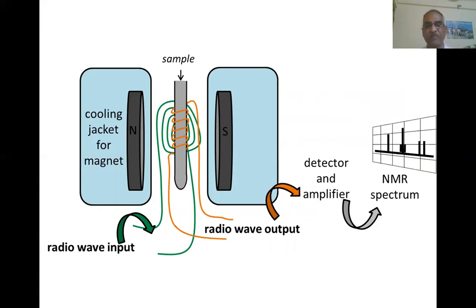You input some radio waves, and the sample responds by giving radio wave output. That output is sent to the electronics, processed using computers, and then you get the NMR spectrum. This is how NMR spectroscopy works.